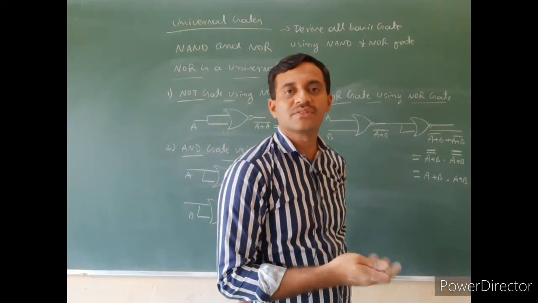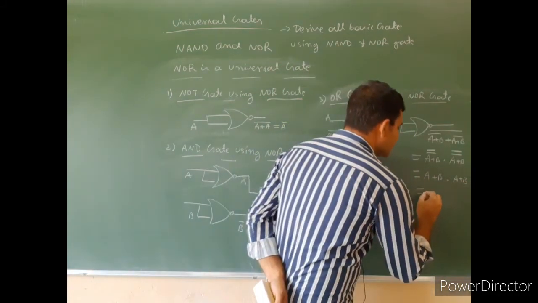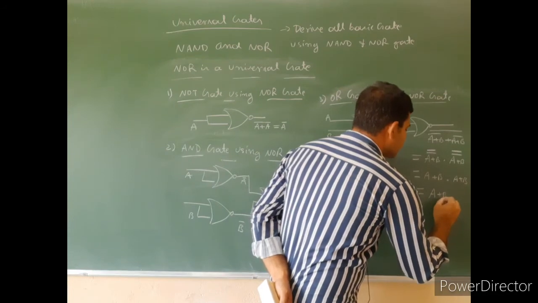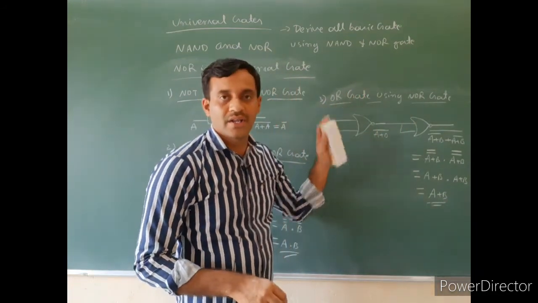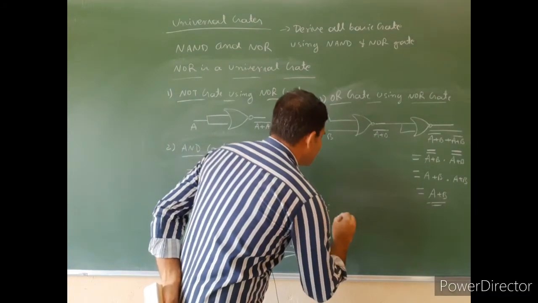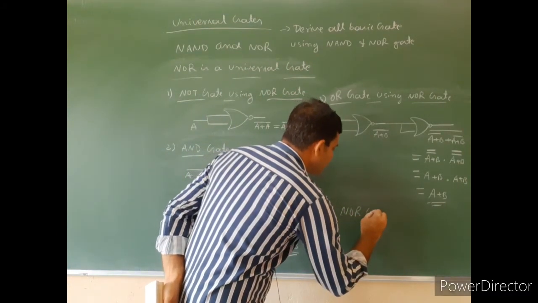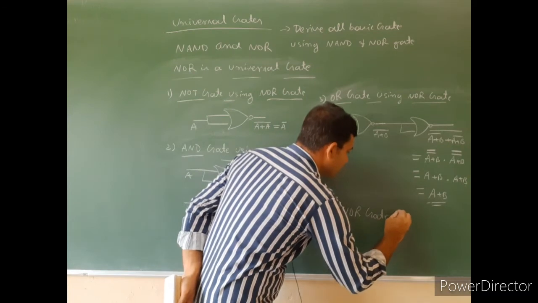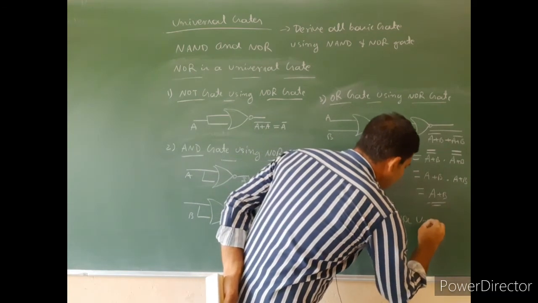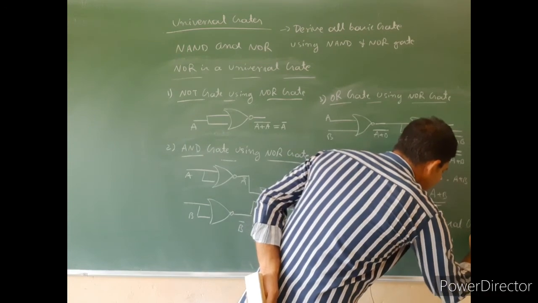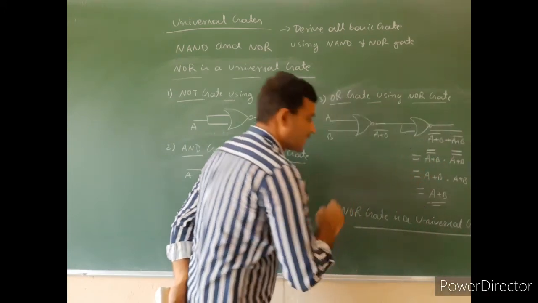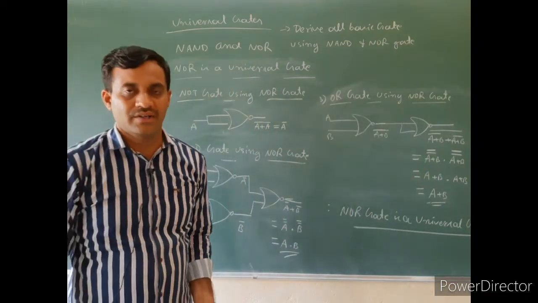Again x into x is equal to x. So it becomes A plus B. What is A plus B here? It is the output of the OR gate. Therefore, the NOR gate is a universal gate.